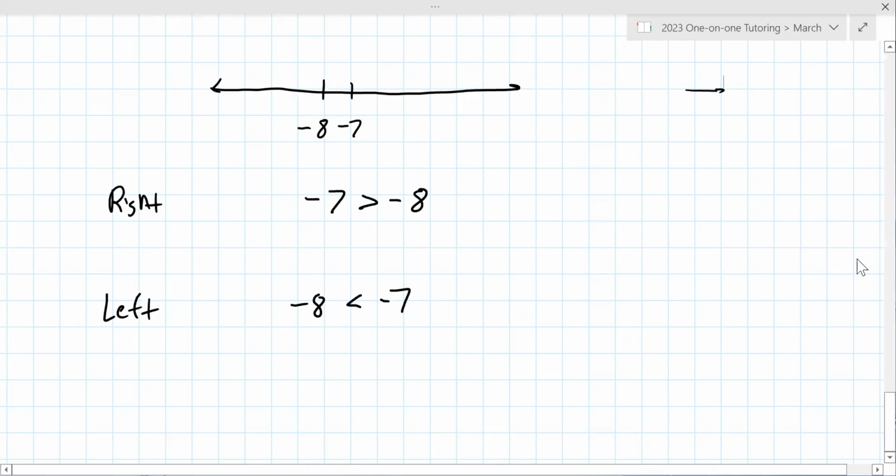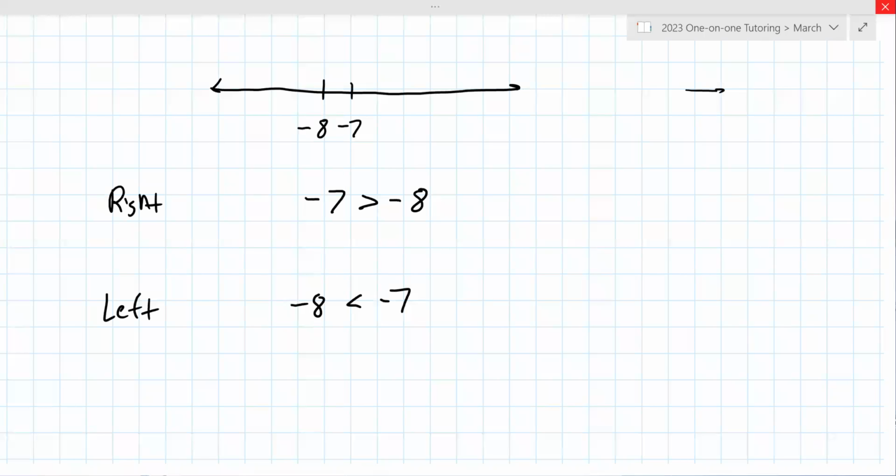Okay. Let me see if I can find one. Here's one that's kind of related to what we've been doing. Let's just have you take a look at this.